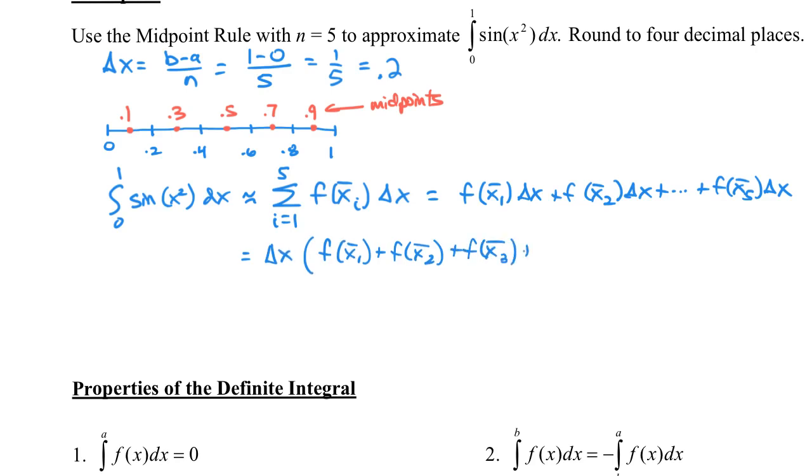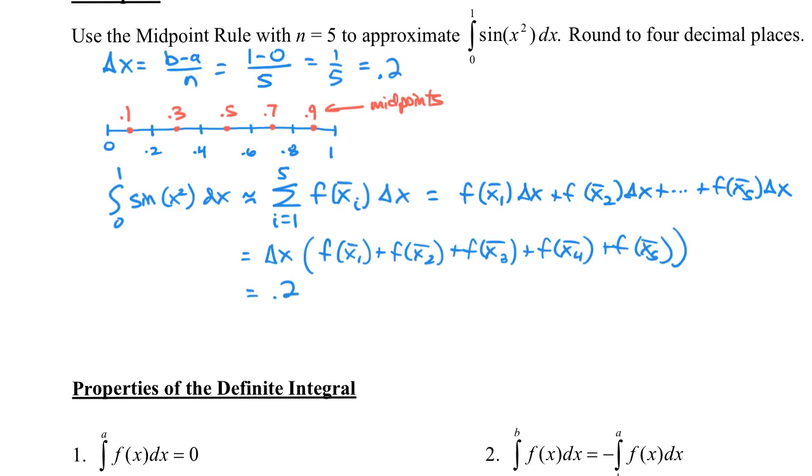That's what we would get. And now we can fill in the blanks. So really, we know that delta x is just 0.2, right? We figured that out up here.